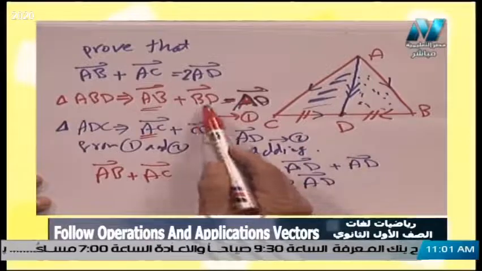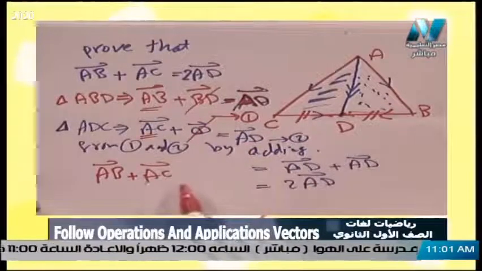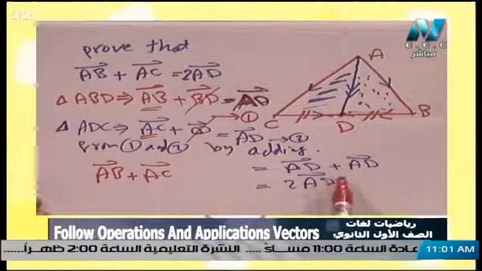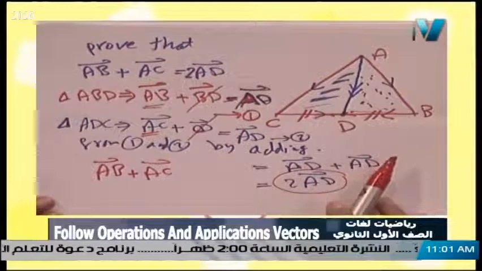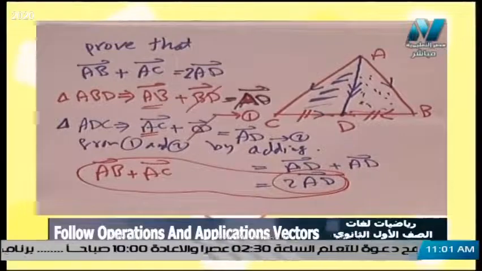We have the vector BD and the vector CD, one the negative of the other. So we can cancel them. So the final answer will be the vector AB plus the vector AC equals double the vector AD. Okay, this is the final equation.